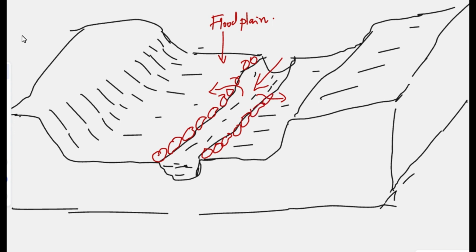You see this one I'm showing here? These are the large materials which cannot be carried further by the flood waters. Then it is followed by the medium-sized materials, and eventually we have the very fine alluvium, which is taken further away from the river channel into the flood plain.